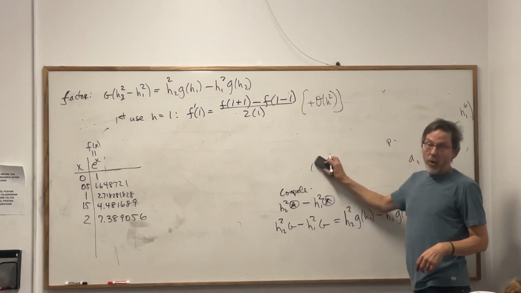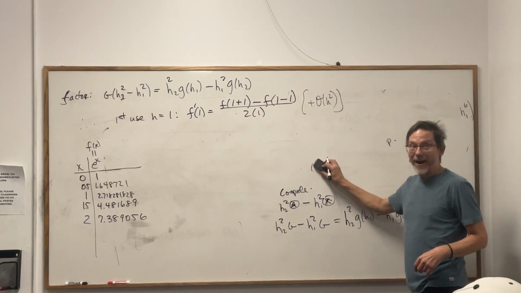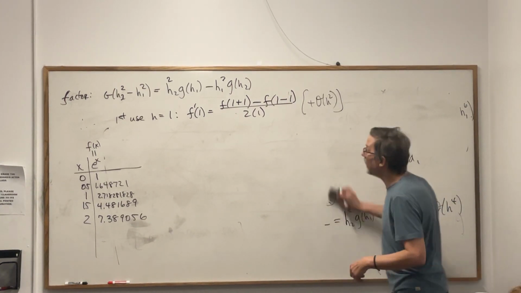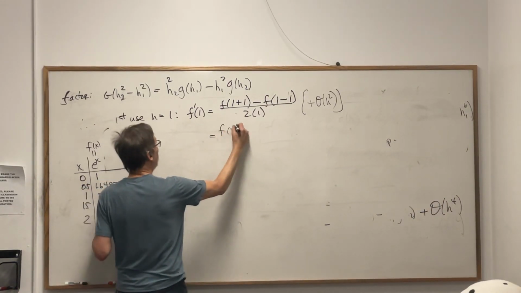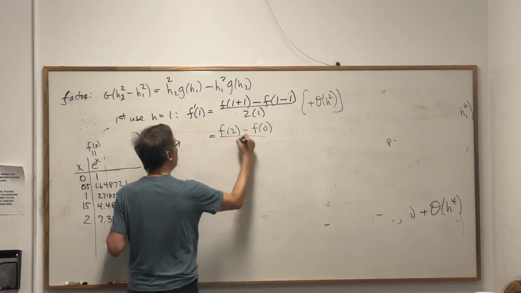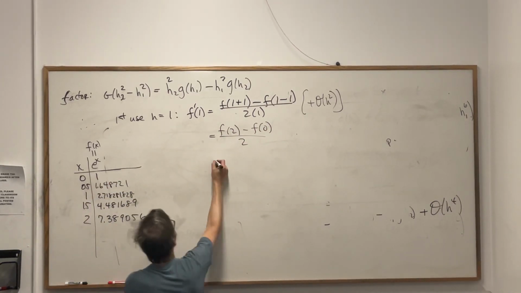Here h squared is 1, so we should not expect this to be very good. Our error is potentially quite large. When I simplify, I've got f of 2 minus f of 0, over 2. We've got those cranked out; we wouldn't have done it if we didn't know those values.